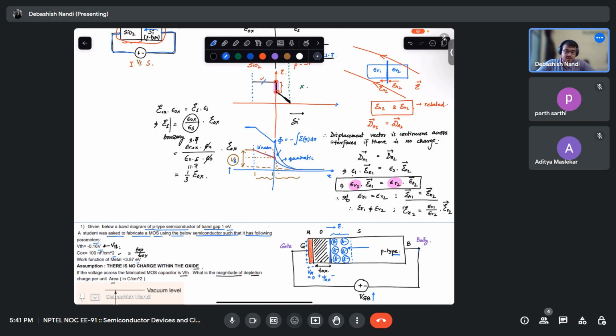So the voltage across the semiconductor, if we call it psi s, will also increase, and your psi ox will also increase. So for that, what will happen? The electric field, or the slope of this curve, will also increase.